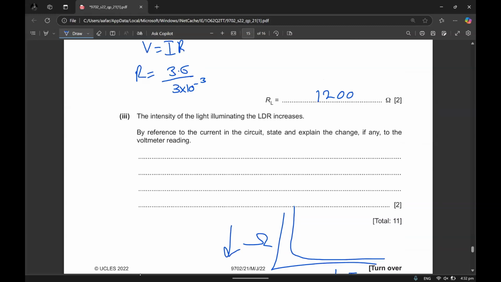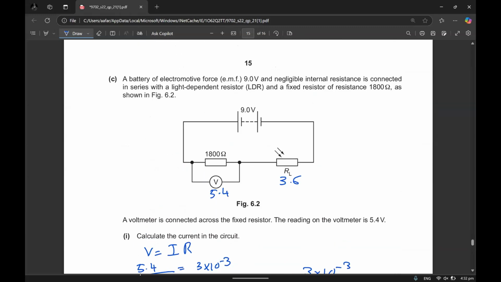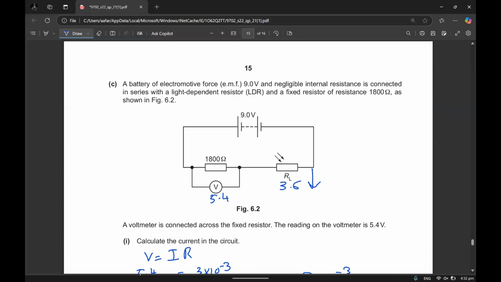If its resistance is decreasing, that means the voltage it gets is also going to decrease, so the voltmeter's voltage is going to increase. You can also say that since its resistance is decreasing, the overall resistance of the circuit is decreasing, so the current in the whole circuit will increase. That means the fixed resistor will get more voltage.